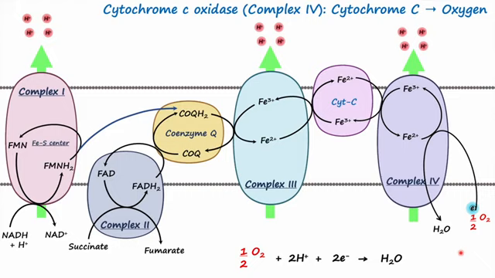And you can also think of oxygen as a magnet which is trying to pull the electrons from complex 1 to complex 3 to complex 4. So that's how it forces electrons towards itself through the electron transport chain.